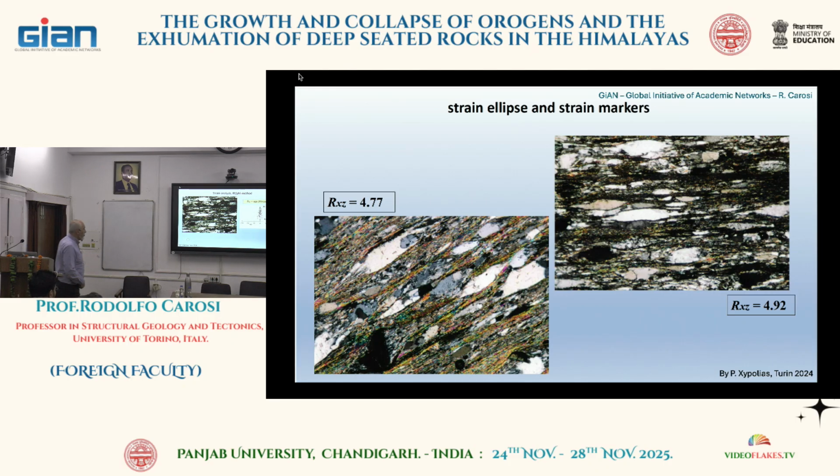This is an example by Tripolias, on this kind of deformed quartzite. So they used this class as a strain marker. I projected it on the RF graph, just rotated in this way.